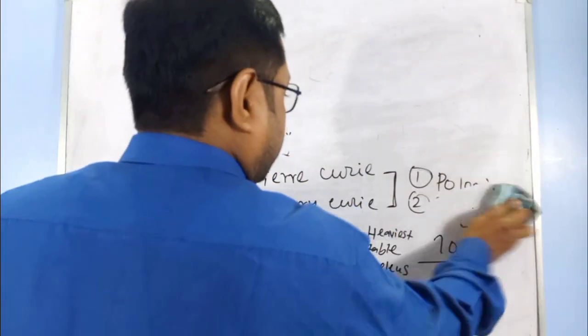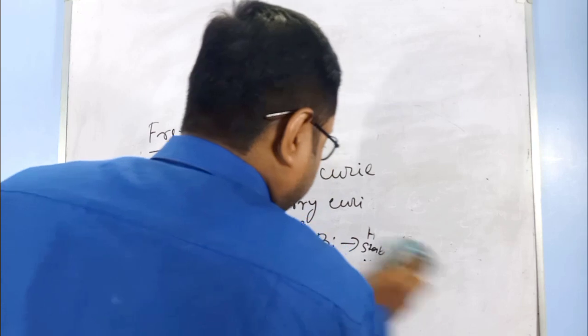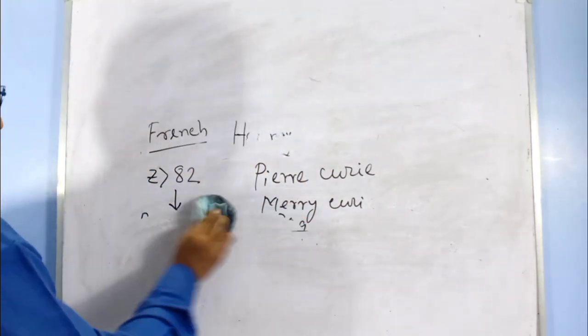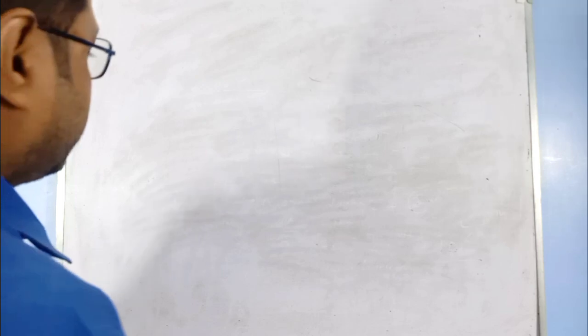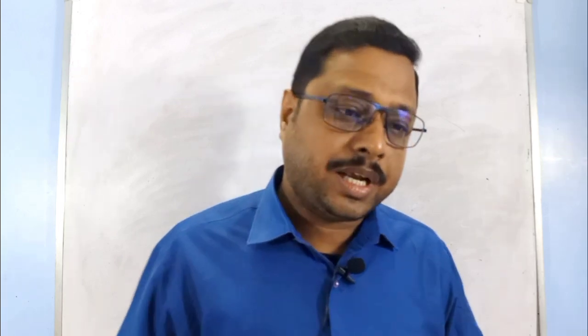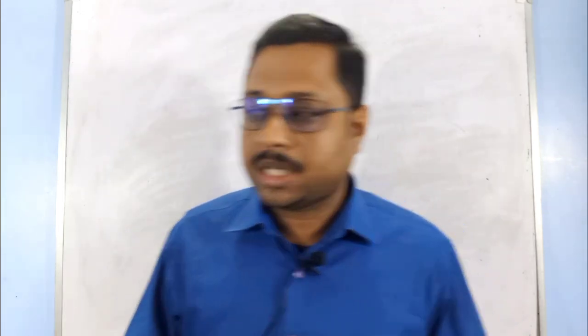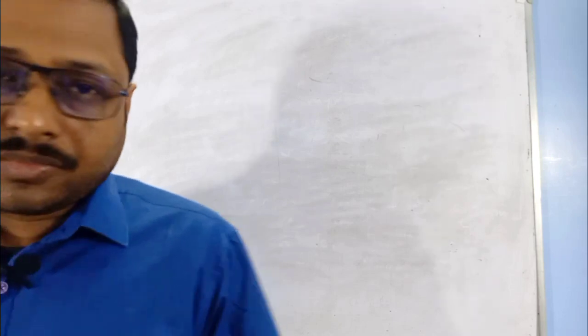Now we shall go with a small introduction to radioactive rays, which are alpha, beta and gamma rays. If we take a chart, please take your exercise book and your pen and note down this chart so that you can easily memorize it.